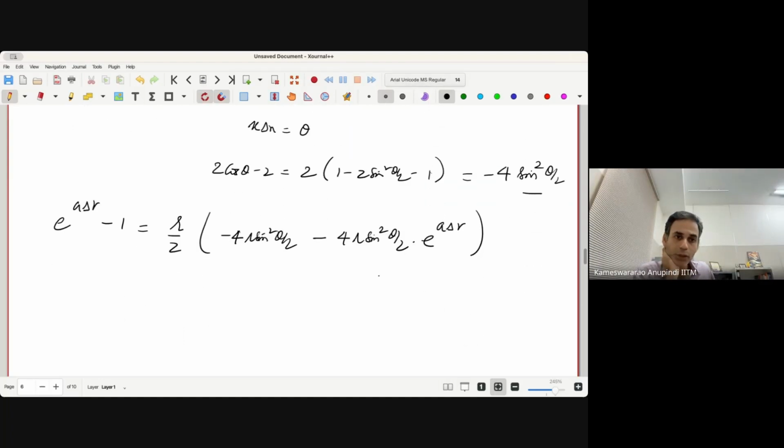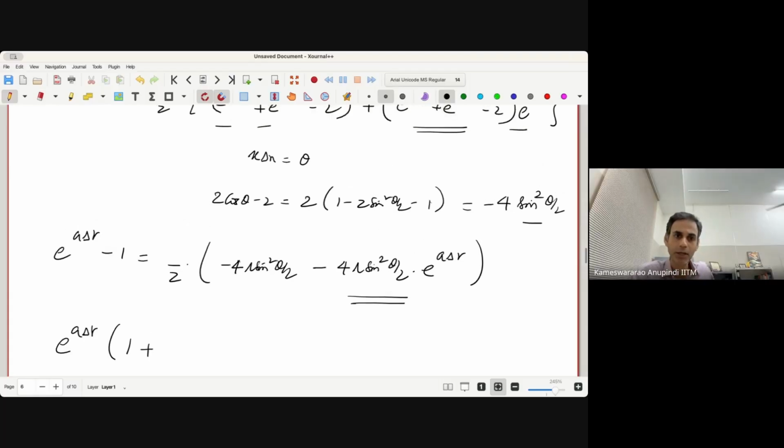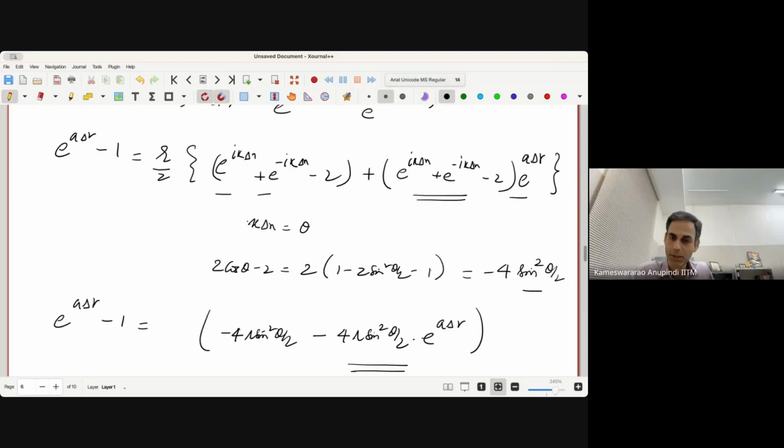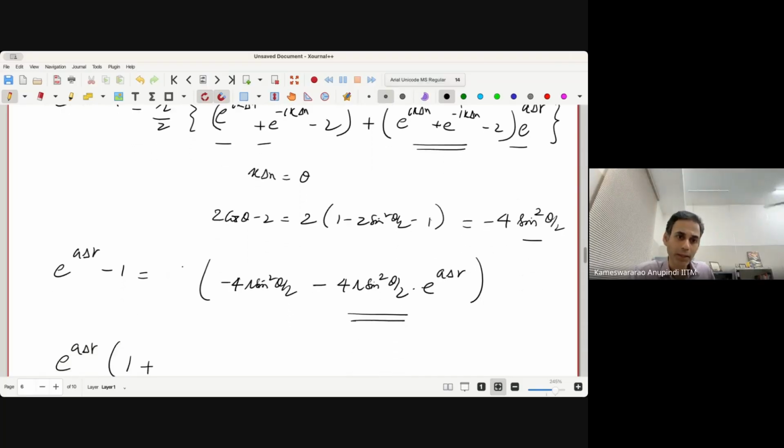So let us combine the terms of e to the power a delta t to the left hand side. So e to the power a delta t times 1 plus, oh yeah, there is no r here. Right now I have substituted for r here, so this r is essentially gone inside. And then there is a 1/2 here.